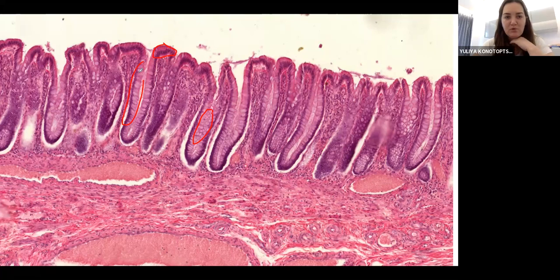So the purpose of these goblet cells is lubrication. They'll make this mucus. This mucus will line the surface, and the poop will be much easier to pass, right? Lamina propria is still here, nothing has changed.